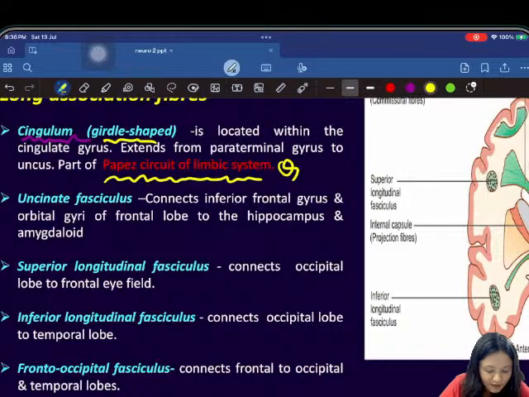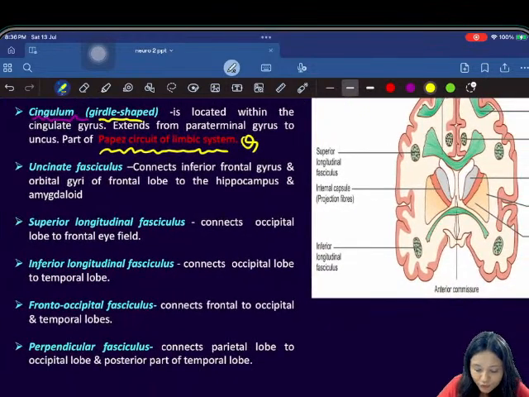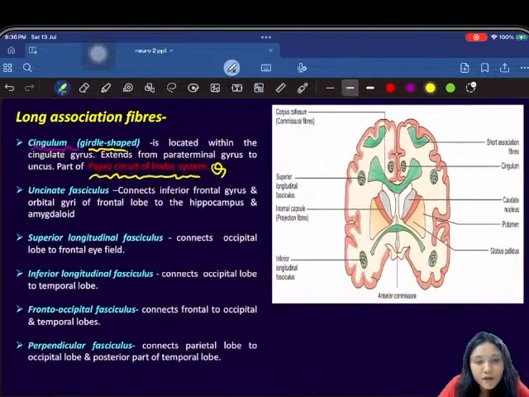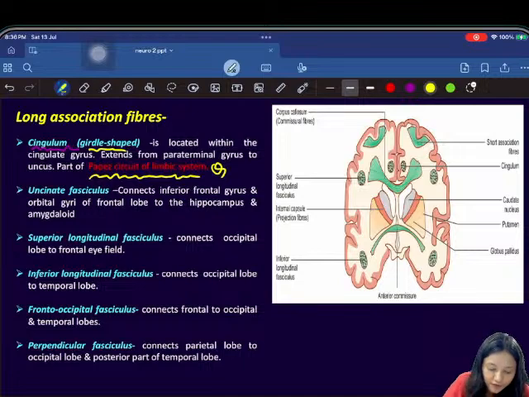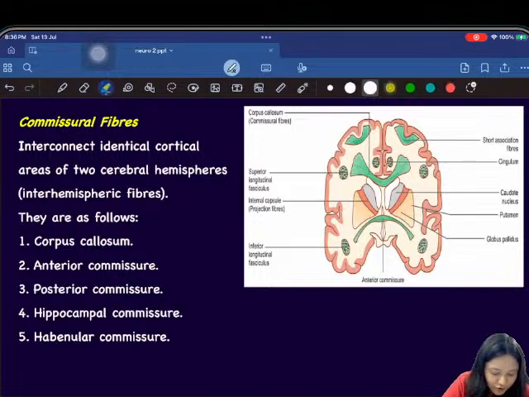Then you have the uncinate, superior longitudinal, inferior longitudinal, fronto-occipital, and perpendicular fasciculus. So these are the long association fibers, and the cingulum is also a type of association fiber. If you come to the commissural fibers, the most important and largest commissural fiber is the corpus callosum.